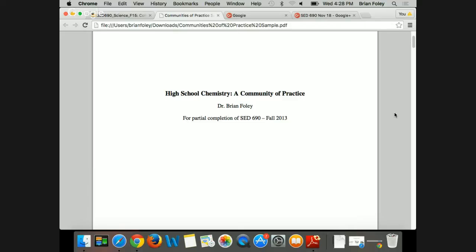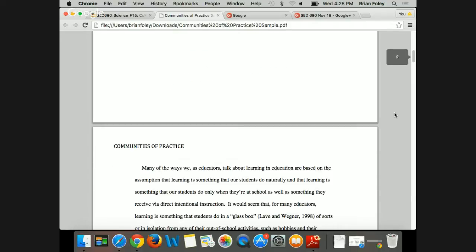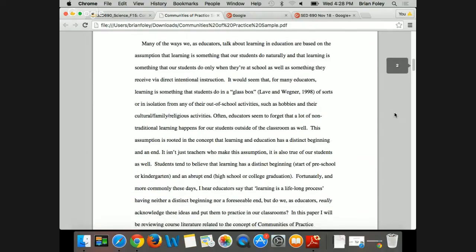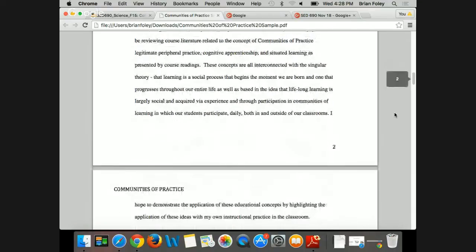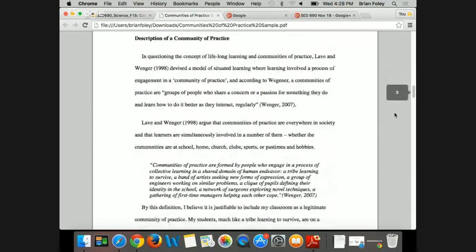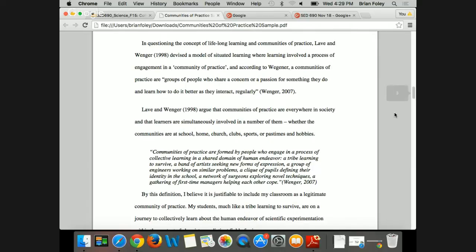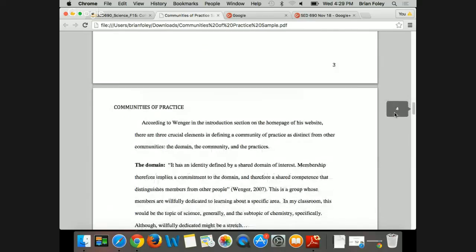So high school chemistry, a community of practice. Just like you're saying, like a community of a classroom. Oh, I remember who did this. All right, cool. So it talks a little bit about the readings, and a description of what a community of practice is, which is not necessary. She goes into detail about it, which is great if you want to do that.